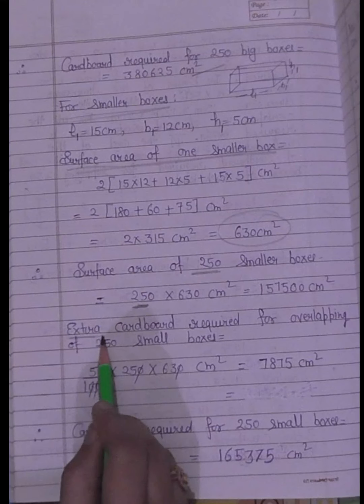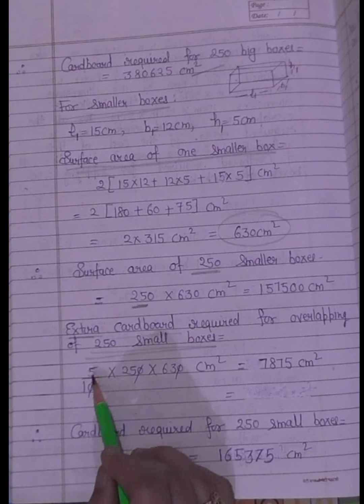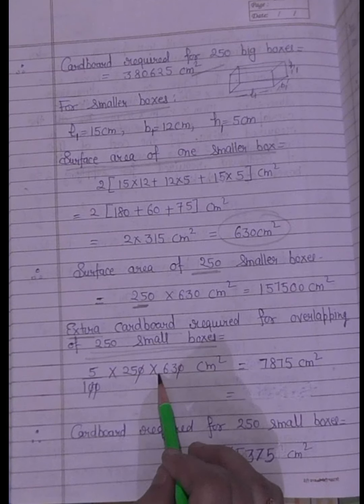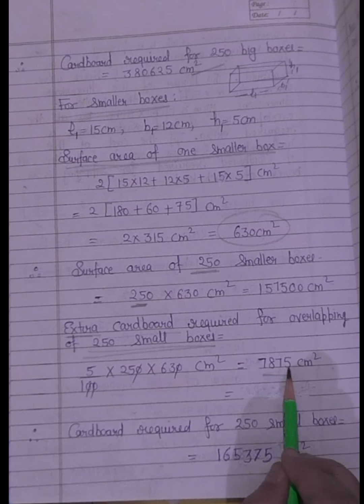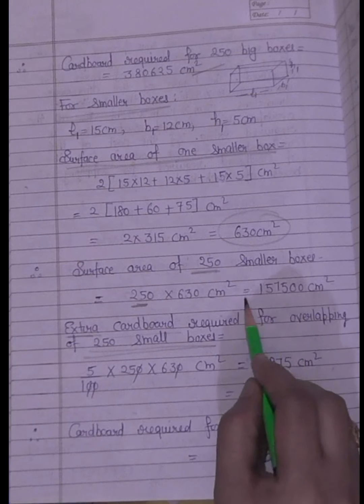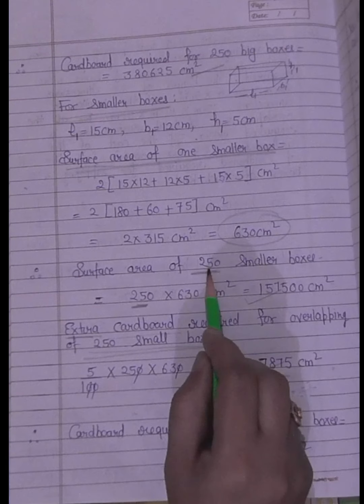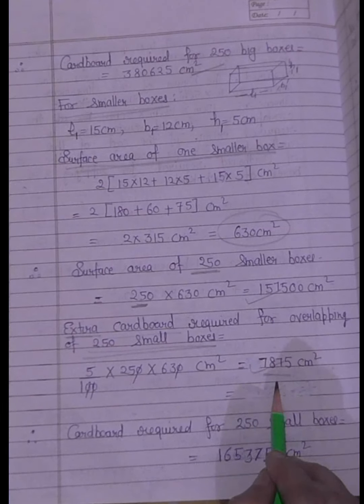Then we will find the extra cardboard for the 250 smaller boxes. It will be 5 by 100 of 250 into 630 centimeter square, that will be 7875 centimeter square. So we will add both areas. This is for the 250 smaller boxes and this is extra. So we will add both.